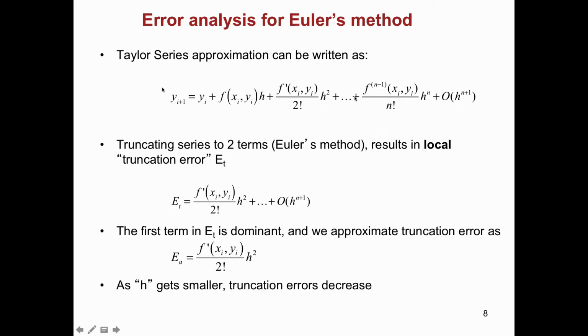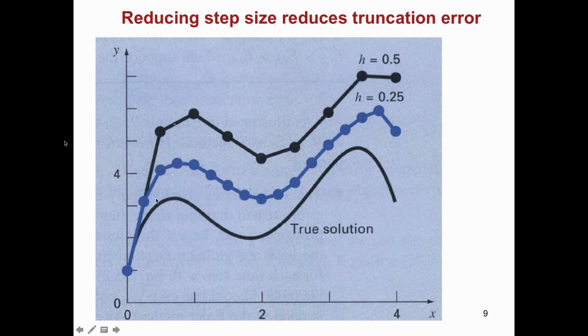Okay? So all of these other terms are typically small, and this part is the dominant part. Now, good news is that as h goes down, so does the error, right? If my h goes from 0.1 to 0.01, obviously this gets much smaller. So that's great.